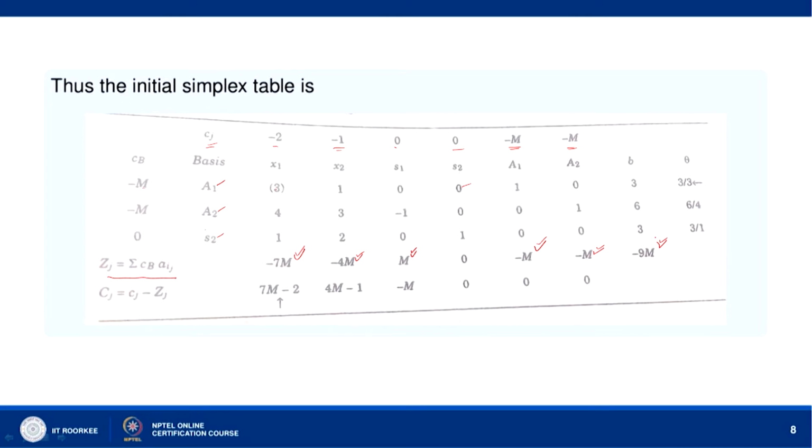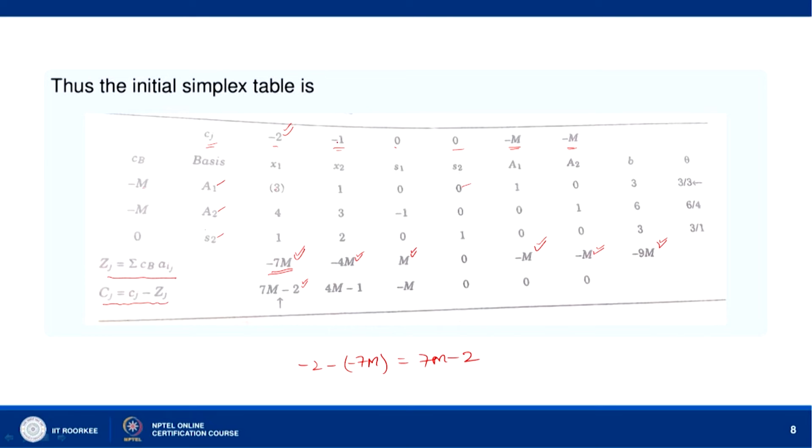Now, we find capital Cj equal to small cj minus Zj. So, this is your cj and this is our Zj. Minus 2 minus of minus 7M gives you 7M minus 2.